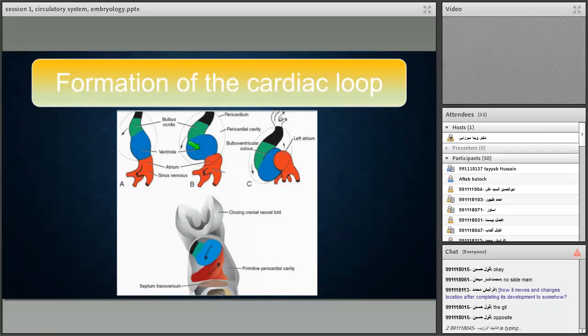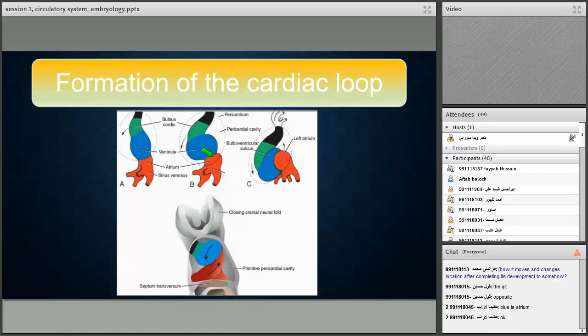What about the bulbus cordis? The bulbus cordis has three parts: white, black and green. The red one is the atrium, the blue is the ventricle, okay? What happened to these three parts?